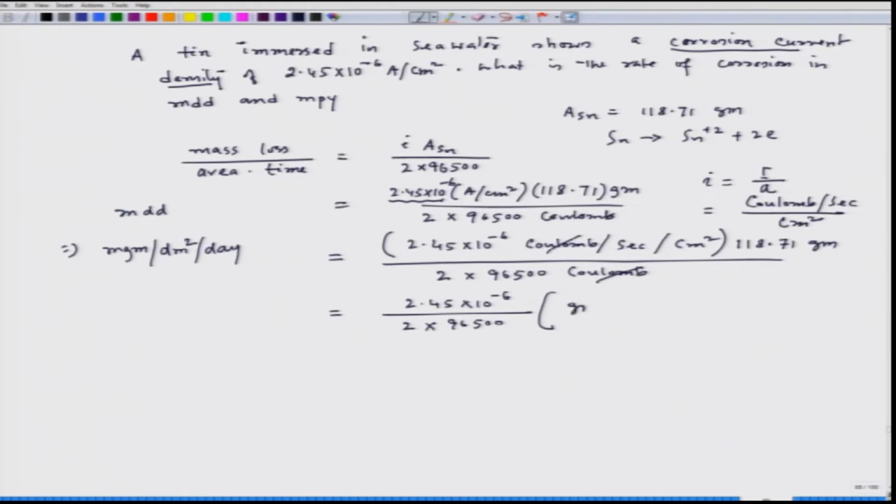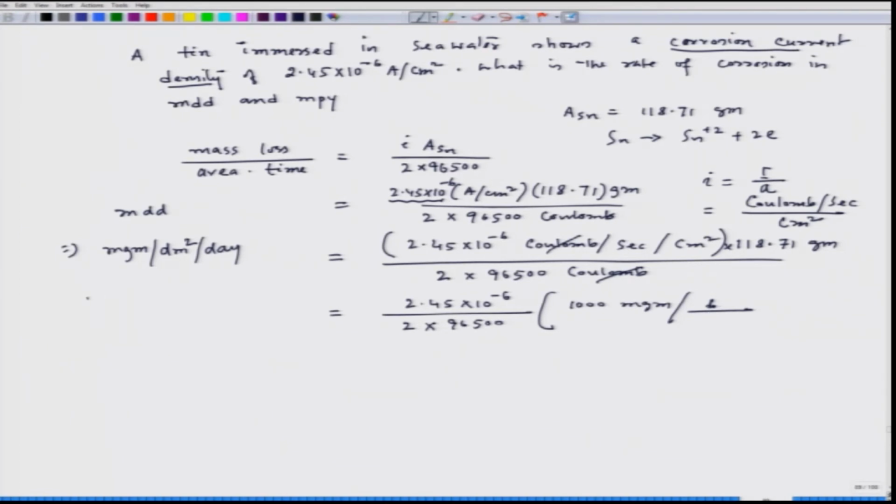This becomes gram, so I have to convert this gram into milligram, so 1000 milligram, divided by second, and I have to convert into days.